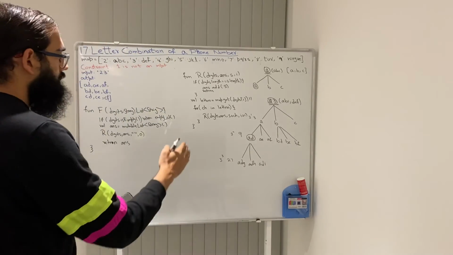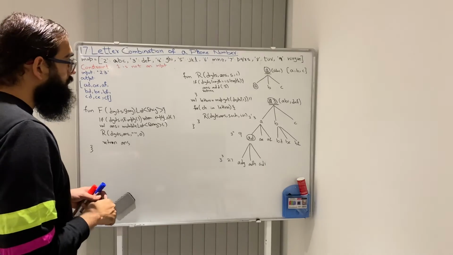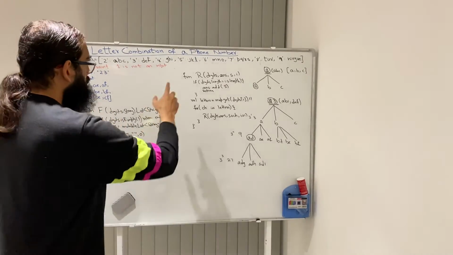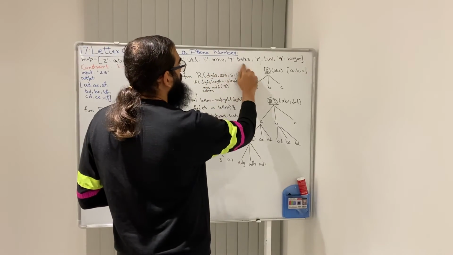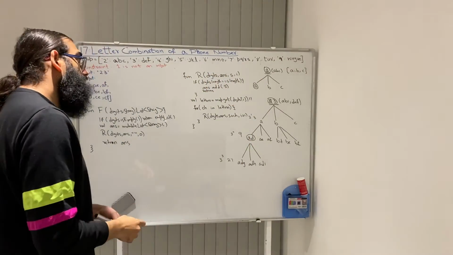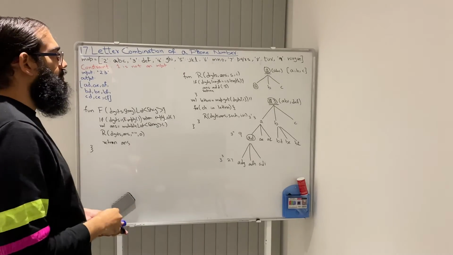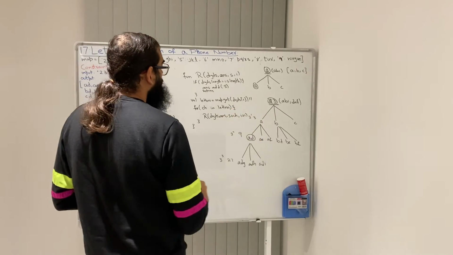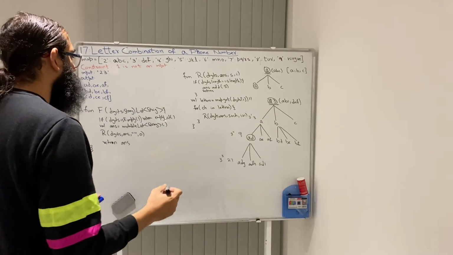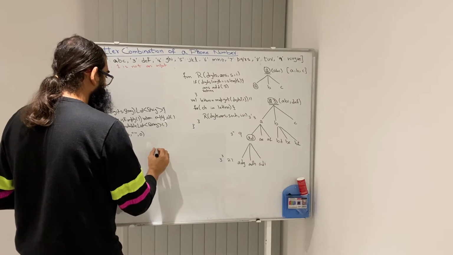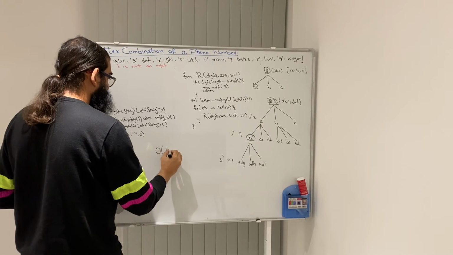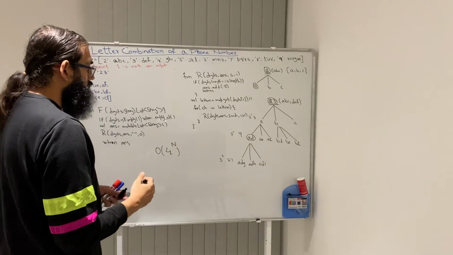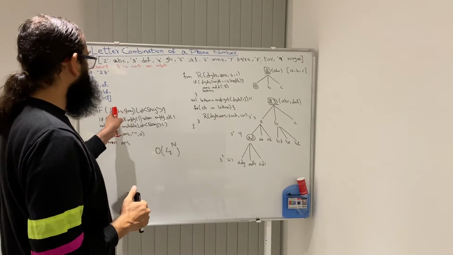Okay, so we can understand this is most likely 3 power n, but big O means the worst case, and in a worst case we remember it's 4. For example, I have an input with 7, 9, 7, 9, 7, 9, or maybe only 7. So in that case, what will happen? We have 4 branches. So in a worst case scenario, I can say our big O will be 4 power n.